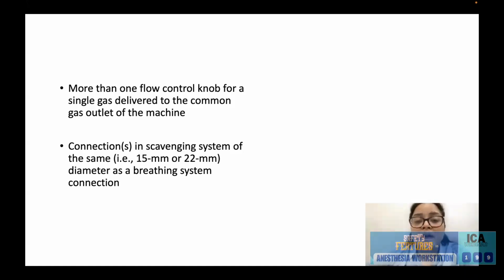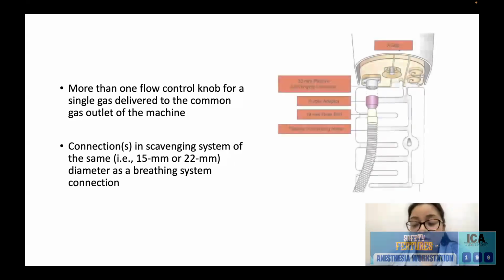Because having a 15 or 20 mm diameter connection in the scavenging system can result in incorrect connection between the breathing system and the scavenging system, and it can in turn result in very high negative pressure in the breathing system. So according to the current standard, a 30 mm passive scavenging connector is preferred along with the 19 mm hose in the scavenging system.